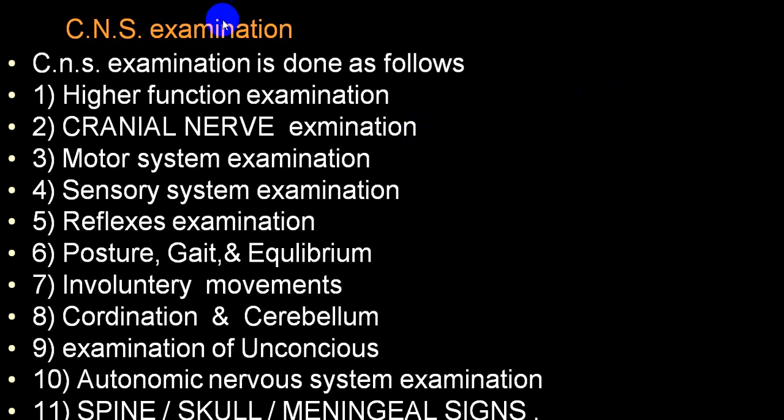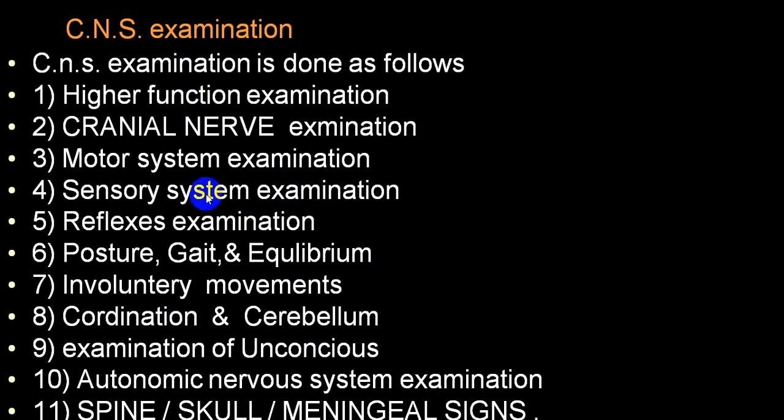In case of CNS examination, we go for higher function followed by cranial nerve examination right from the first cranial nerve to the 12th cranial nerve. Motor system examination, sensory system examination, reflexes which will include superficial reflex, deep tendon reflex, posture, gait, equilibrium, look for involuntary movement, coordination, cerebellar examination.